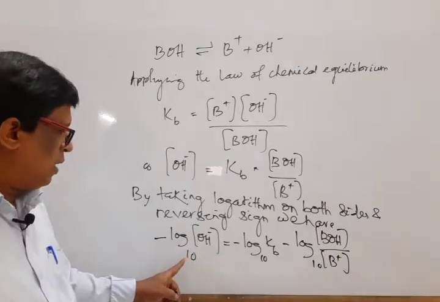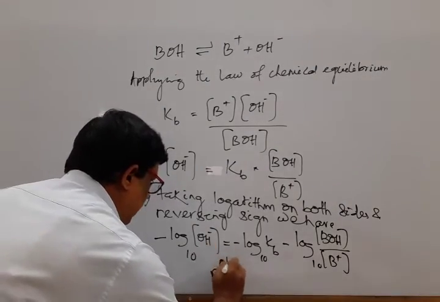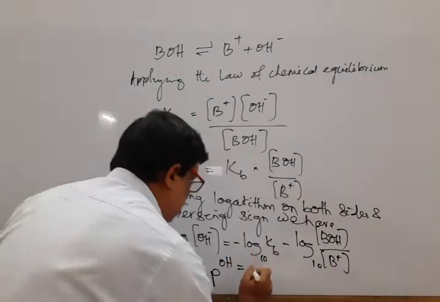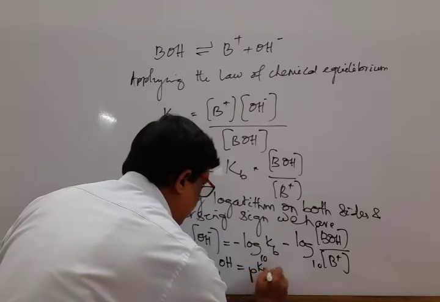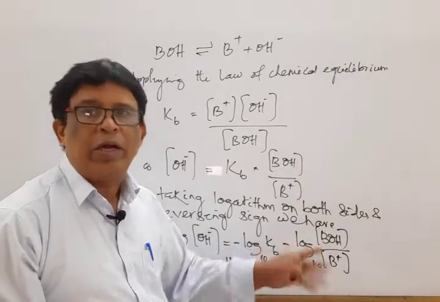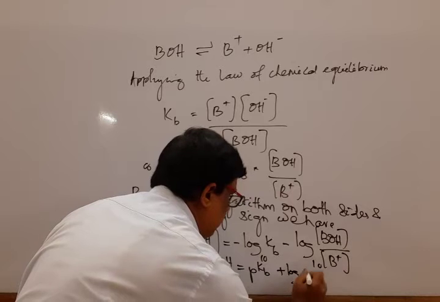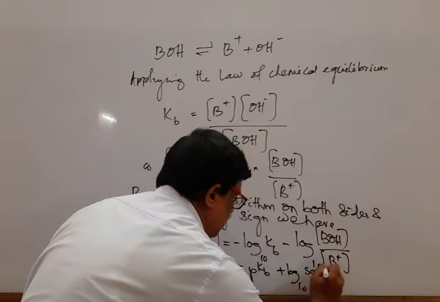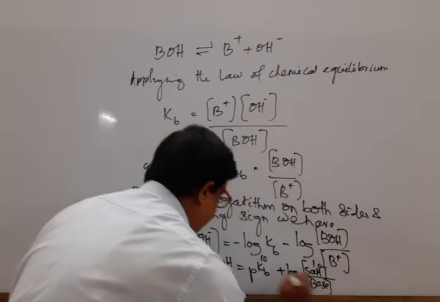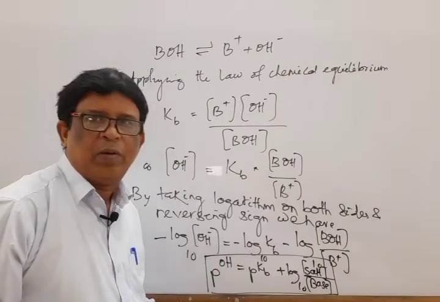Mark that, minus log of OH minus is equal to pOH. Minus log Kb is equal to pKb. So multiplying again by changing the numerator to denominator, again minus minus plus, I can write log base 10 of concentration of salt by concentration of base.